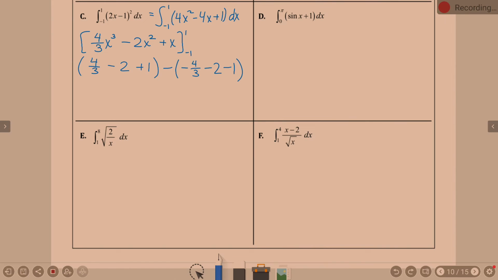For me, I think I said minus 2 plus 1 is minus 1. 4/3 minus 1 is going to be 4/3 minus 3/3 is going to be 1/3. Minus, I think my brain said minus 2 minus 1 is minus 3. Well, 3 in thirds is 9/3, so -4 minus 9/3 is -13/3.